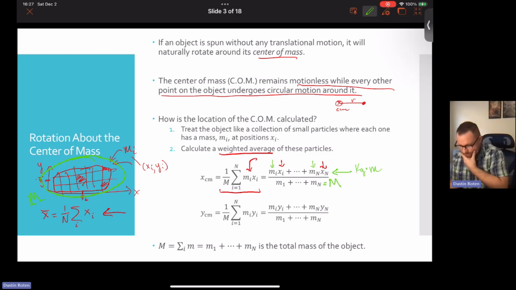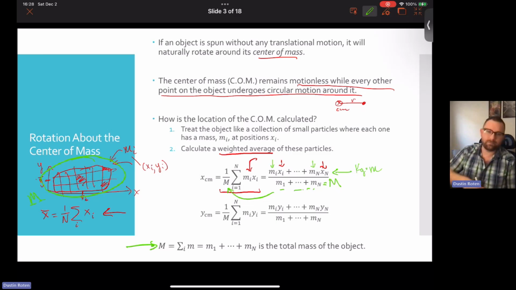Now see this denominator right here, this m sub 1 all the way up to m sub n? That's taken care of out here. So that's the 1 over big M, where big M is the total mass. I've mentioned that right here: big M is just all those masses summed up. We don't care where they are for big M. We just want to know what the sum of all those masses is.